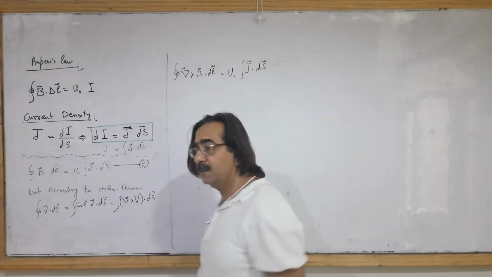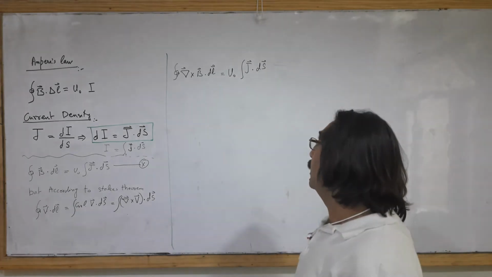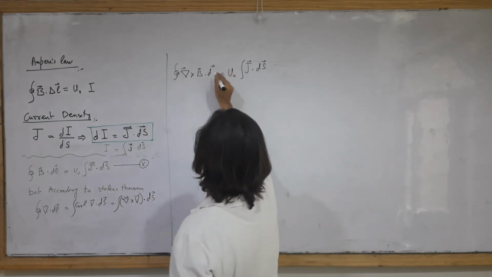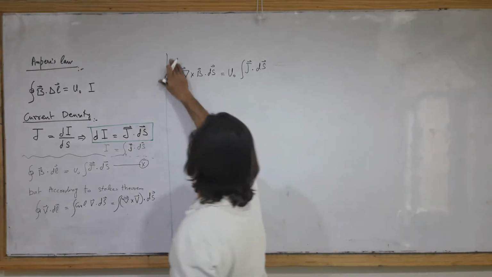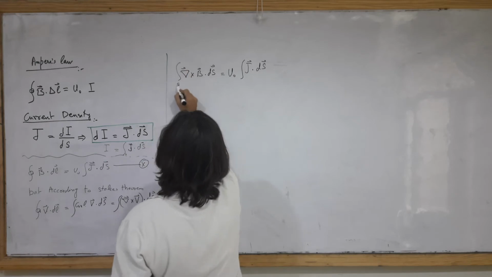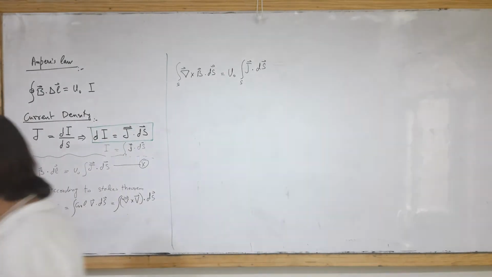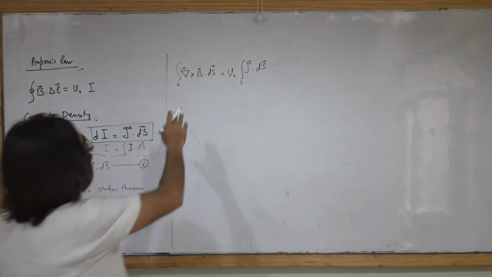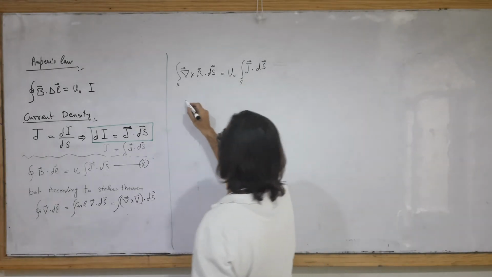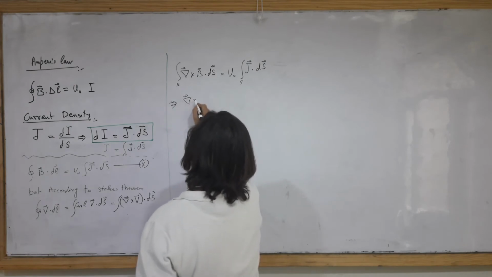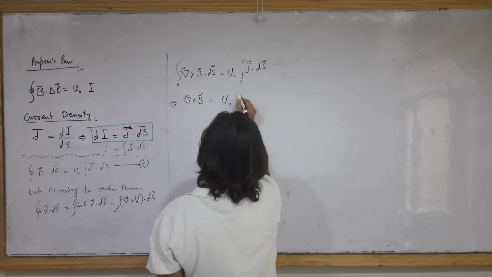Now this will not remain a closed integral; this is also a surface integral over the whole surface. This implies that del cross B equals mu naught J.